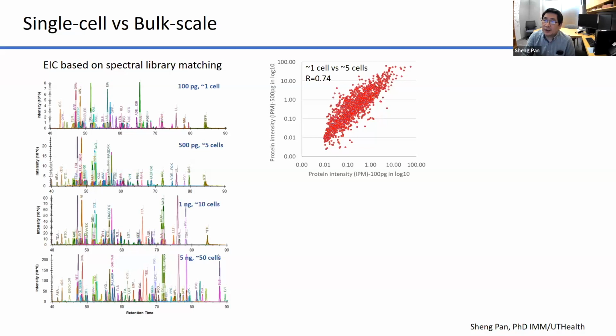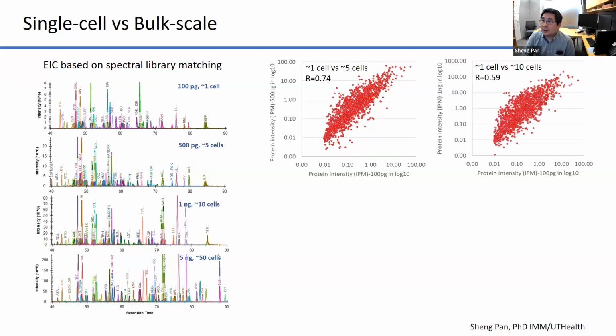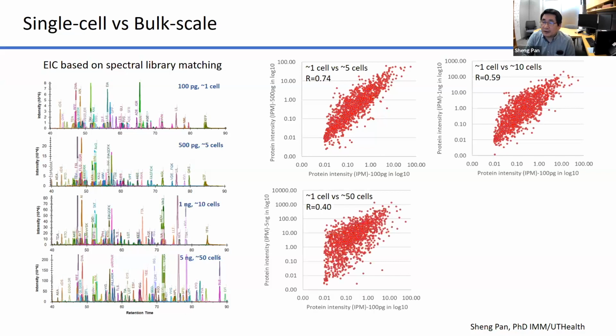When we increased the number of cells to 10, the correlation is still there, but not as good. Then we plotted the single cell data against the data acquired from 50 cells, and now you can see that they are poorly correlated.